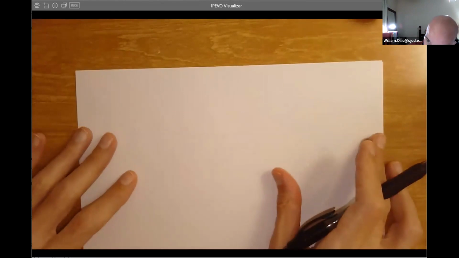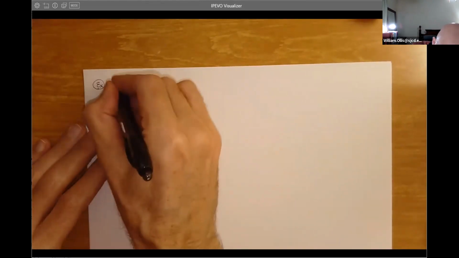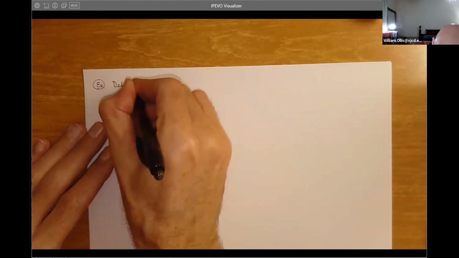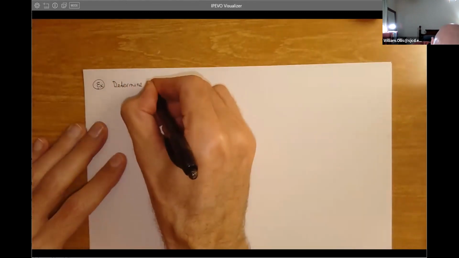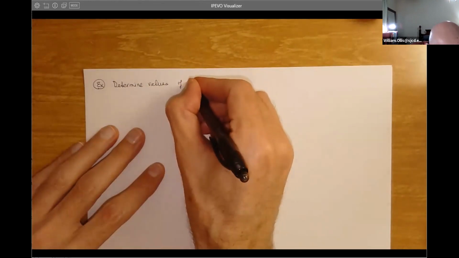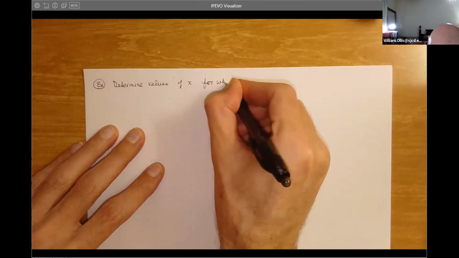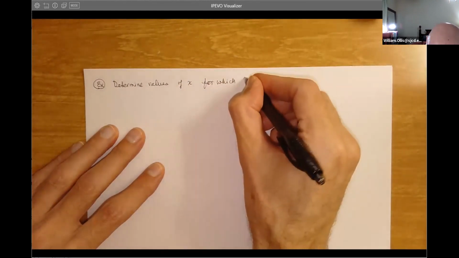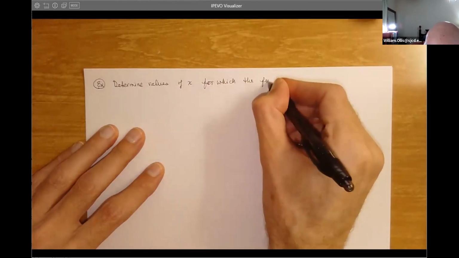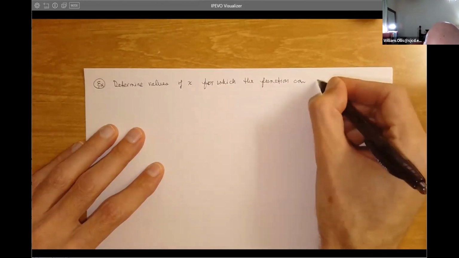So this is another possibility that we can do. This is a nice example. It says determine, and I know I have this written up in the Blackboard notes, determine values of x for which, this is a famous problem, the function, and I'm going to use e to the x this time, can be replaced.